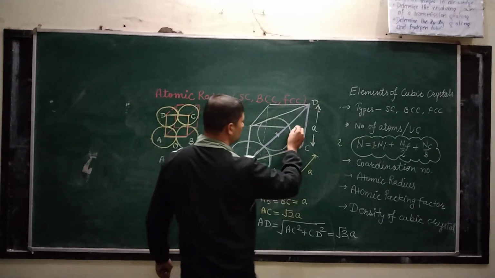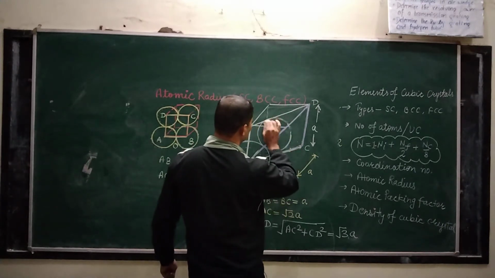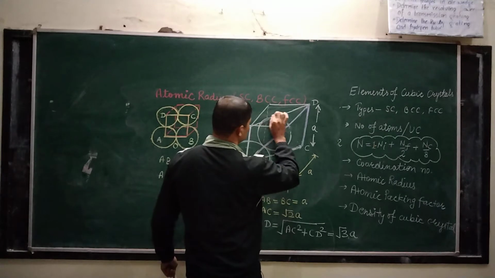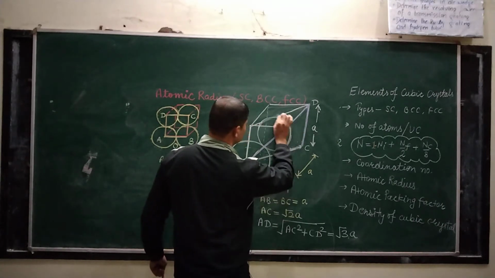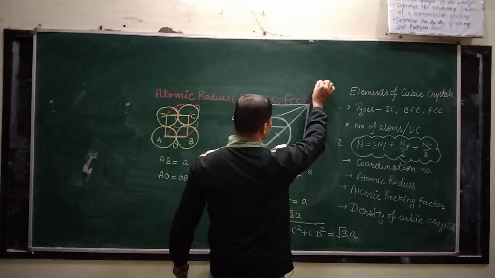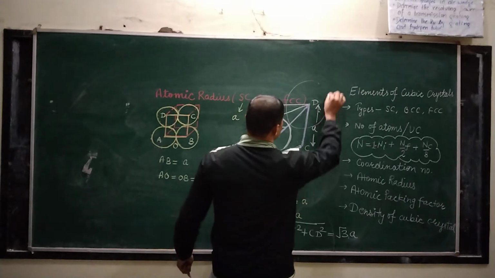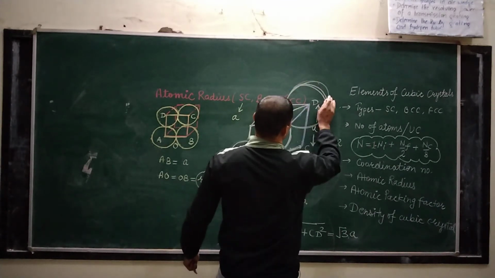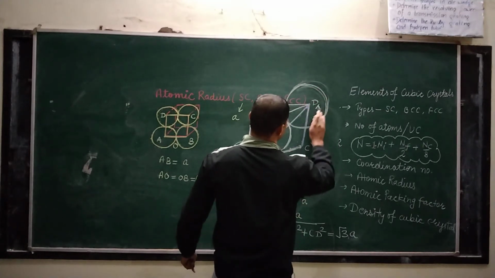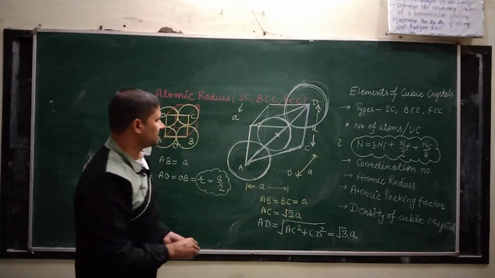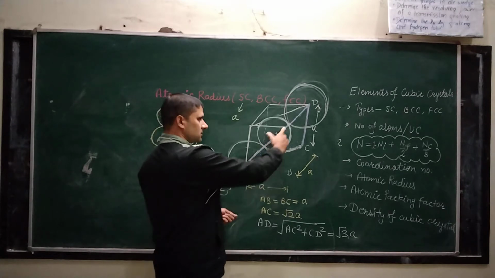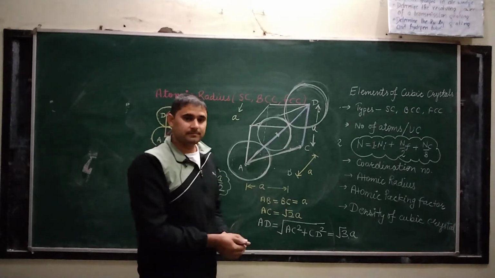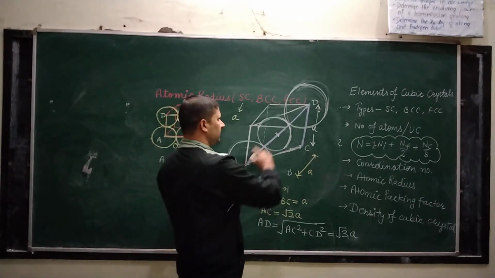And one more particle is present at the corner. Another particle is present at the corner. Okay class, you will see that the radius of all particles is the same.